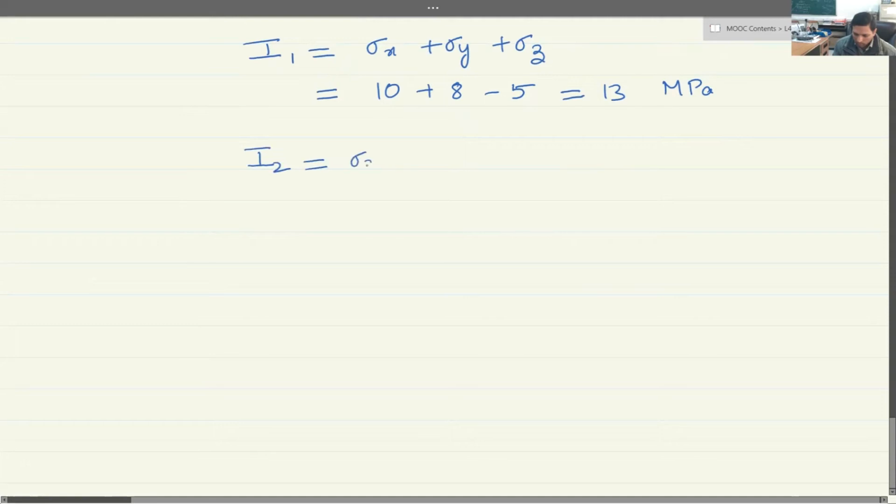I2 is given as sigma xy square plus sigma yz square plus sigma zx square.